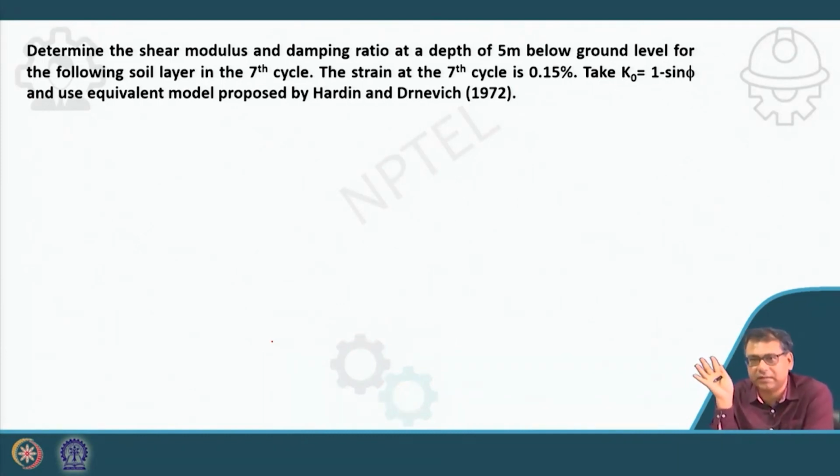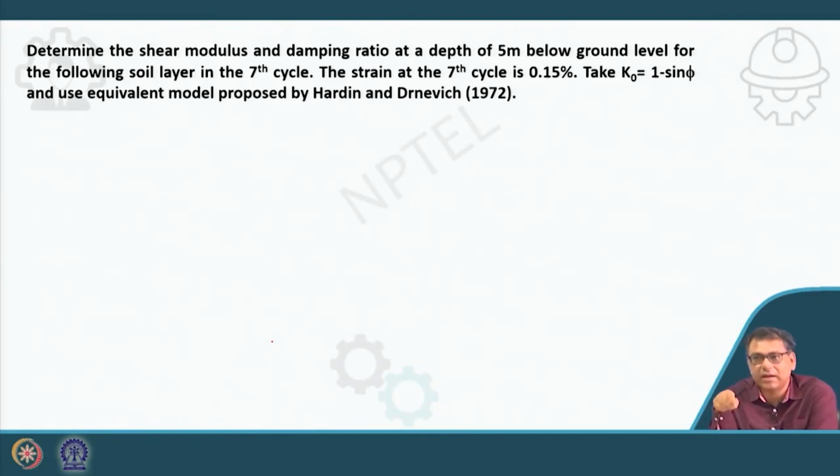I don't know how many cycles are being applied, but I have to determine what would be the shear modulus and damping ratio at the 7th cycle, on that soil which is taken at 5 meter below the ground level.